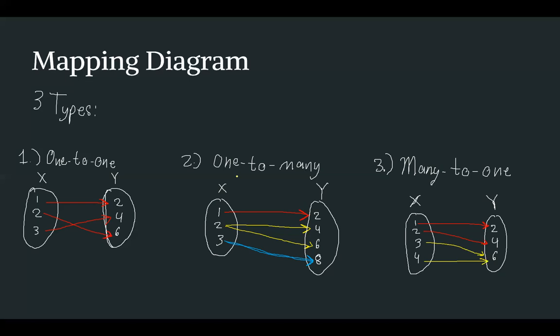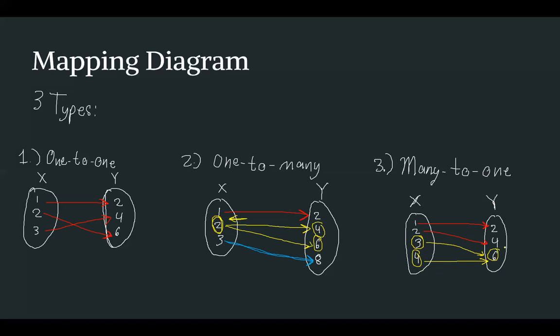From the one-to-many diagram, as you can see in this one, there's only one element given, and then on the different set, which is set Y, there are more than one element matched by this element from set X. On the other hand, there are two elements from set X connected or matched to one of the elements in set Y.